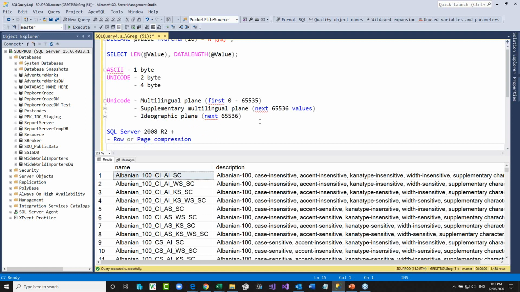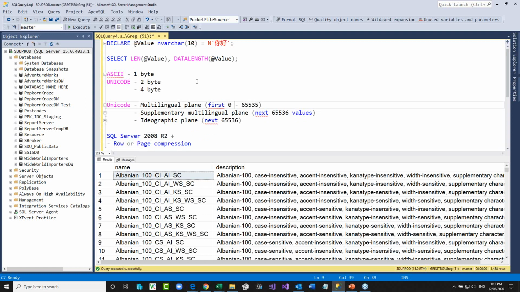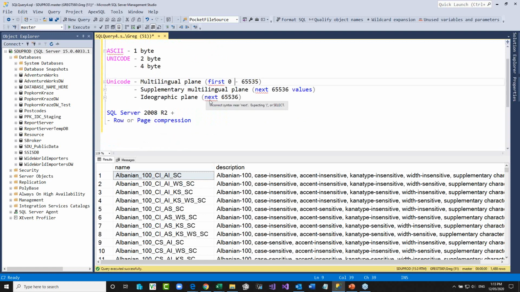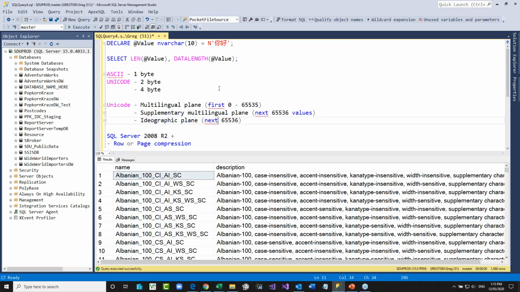If you're not using it, you're missing out. In particular, I think row compression should be the default for all databases and all tables. Page compression makes sense in certain situations. But if you're at least using row compression, then you're not paying the penalty for storing nvarchar values in your database instead of varchar.